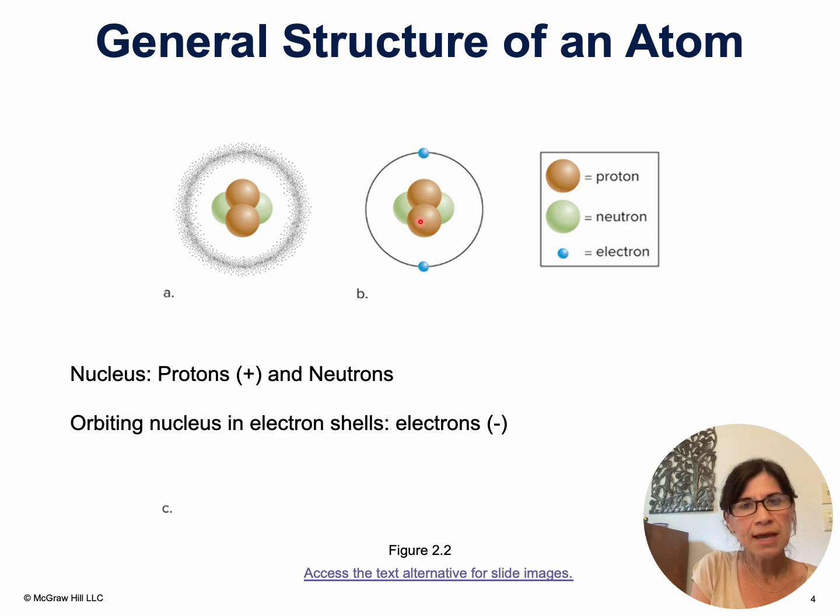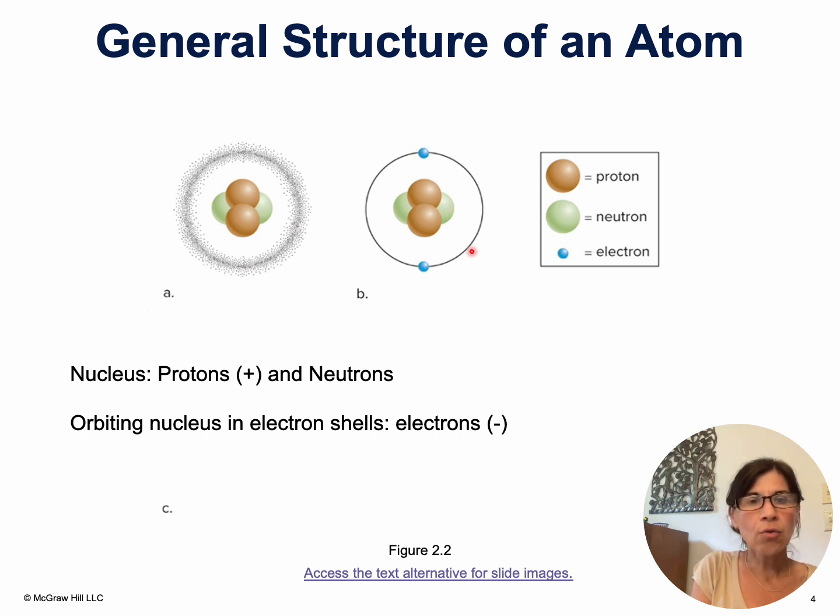So the nucleus has 2 of these green circles. Those are the neutrons, and it has 2 protons. Protons have a positive charge. Neutrons have a neutral charge. Each proton has a +1, so in this picture, we'd have a +2 in our nucleus.